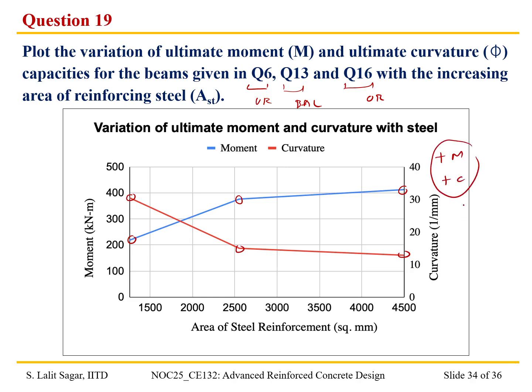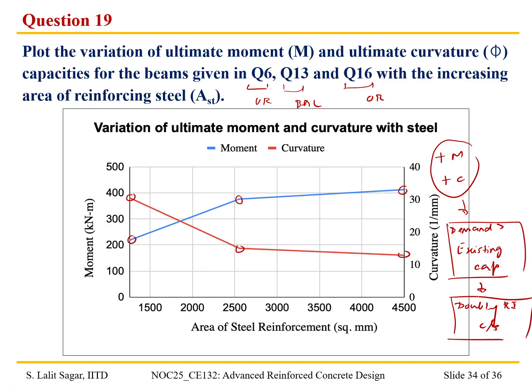So if the demand is greater than the existing capacity, we need to go for a doubly reinforced cross section. Okay, so that is the take home point from today's discussion.